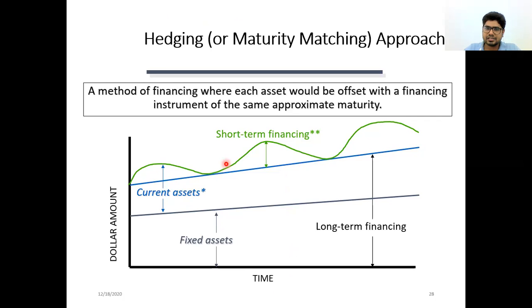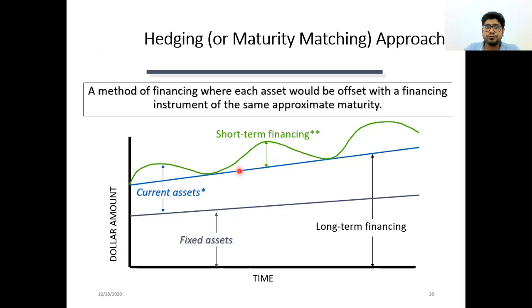So what's this portion? Permanent current assets. Good, Mr. Amir. Yes. This portion is permanent current assets. And this portion is what? Temporary current assets.